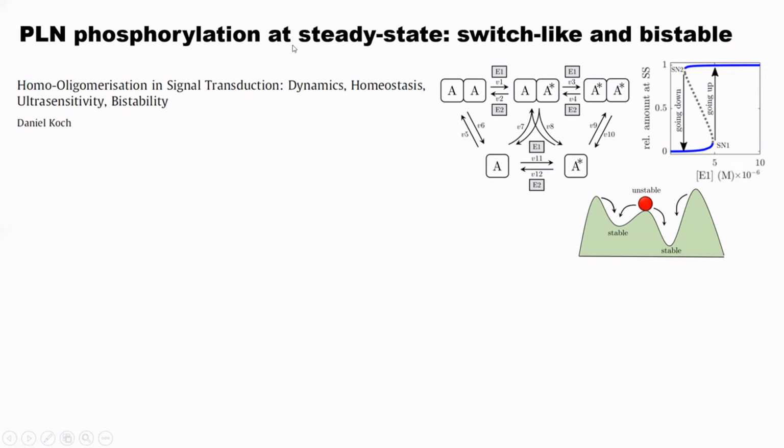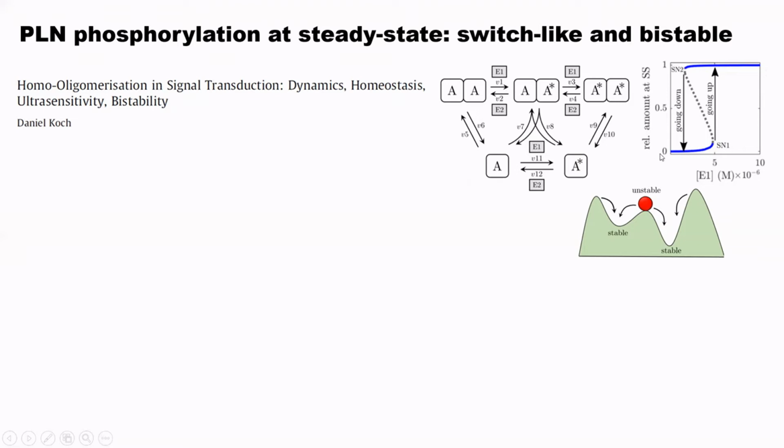In particular, I found that if you have an oligomer which can be phosphorylated, then essentially you have a pseudo multi-site phosphorylation system. And we know from other studies in systems biology that multi-site phosphorylation systems, for instance, can generate bistability.